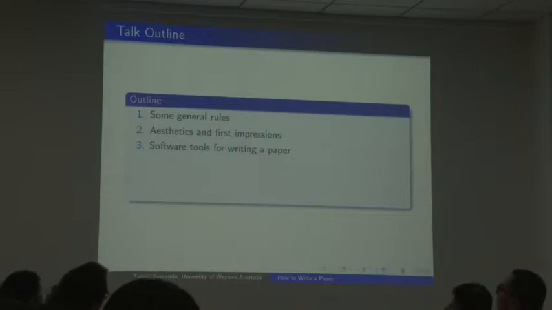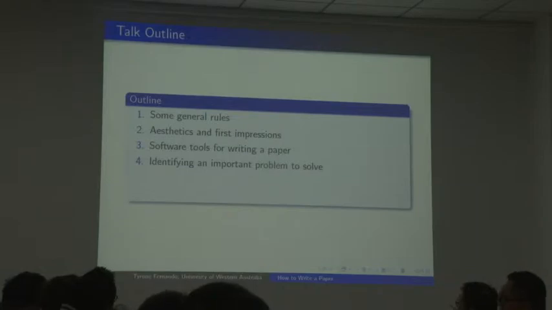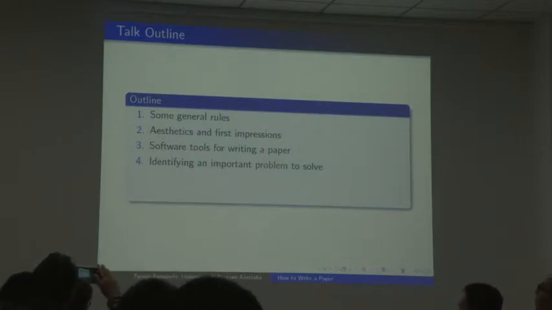I will talk about some software tools that are required for writing a paper, some tools that you need to be familiar with. I will talk about identifying an important problem to solve, because we need to identify an important problem and then solve it. Only when we solve an important problem can we write a paper about it that will be useful for others.